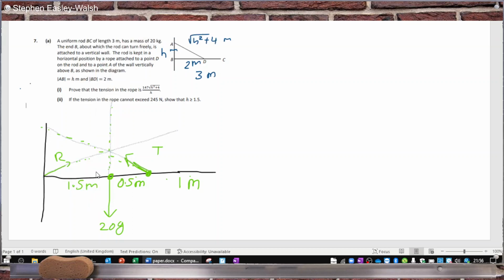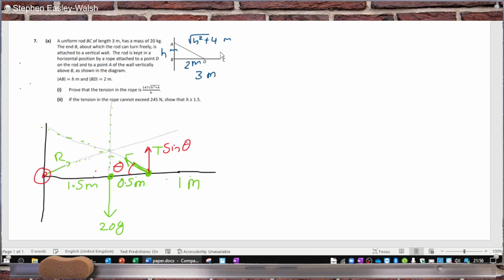I mean, we could now, or do I even need to resolve actually? Because I just really care about this component here. I don't really care about that component because I'm going to take the hinge as a turning point to get rid of the reaction. So if I call this theta, then this would be T sine theta.